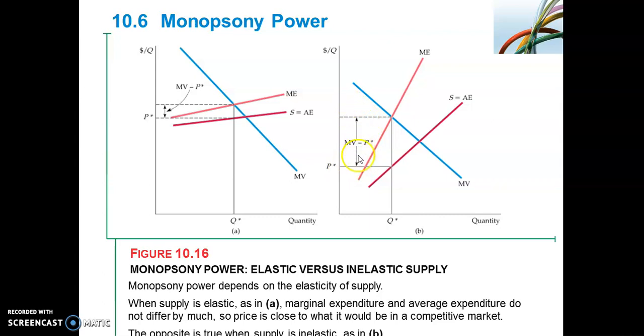You can see that the difference between marginal value and price at Q star is far greater, and it comes down to the steepness of this supply curve. So here we can see that the markdown is greater, and hence there is greater market power, or monopsony power. So they get a greater markdown in price.